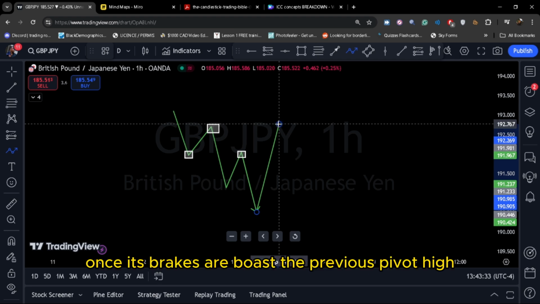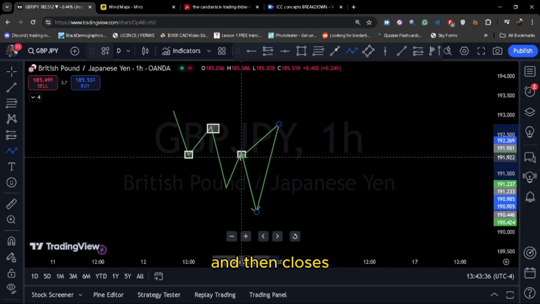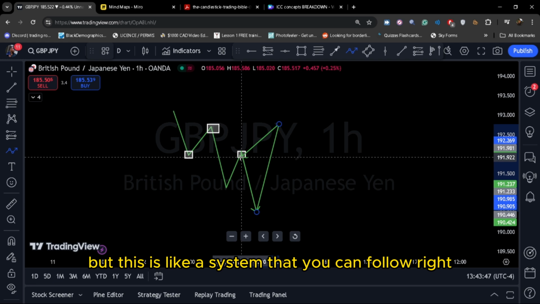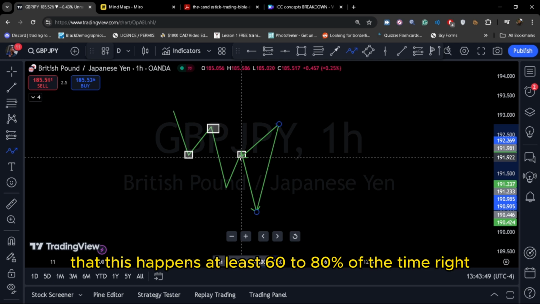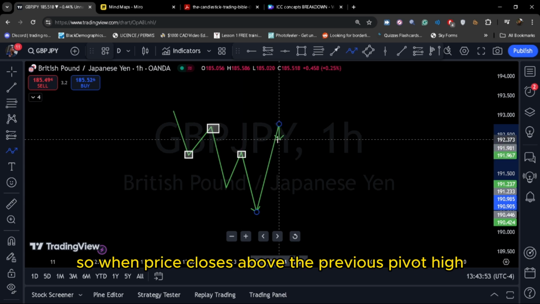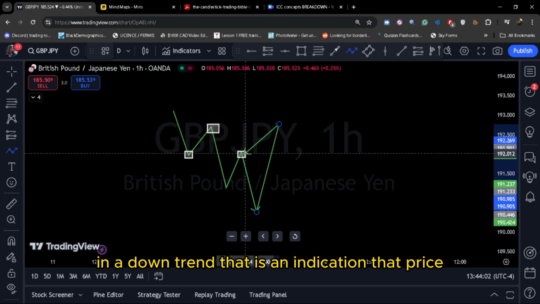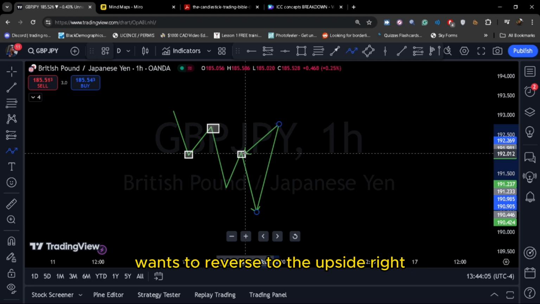Once it breaks above the previous pivot high and then closes, that is a clear indication that price wants to go in the opposite direction. Now this is not concrete, but it's a system that you can follow. I would say personally that this happens at least 60 to 80% of the time. So when price closes above the previous pivot high in a downtrend, that is an indication that price wants to reverse to the upside.